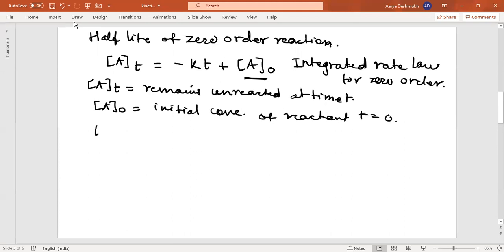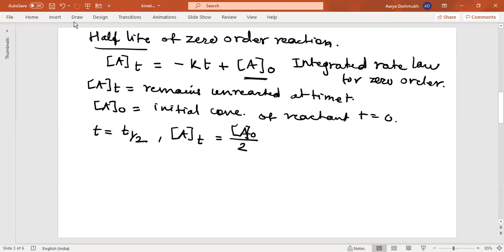When t equals t half, because we are talking about half-life, the concentration of A at time t becomes [A]0 divided by 2.